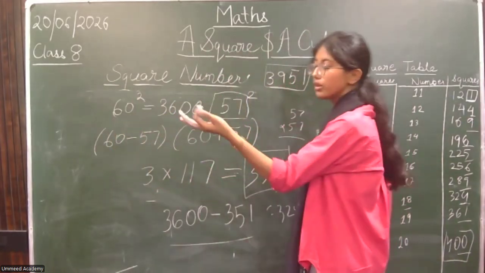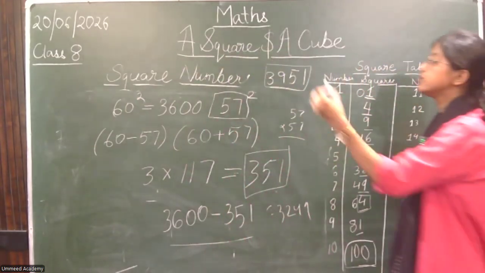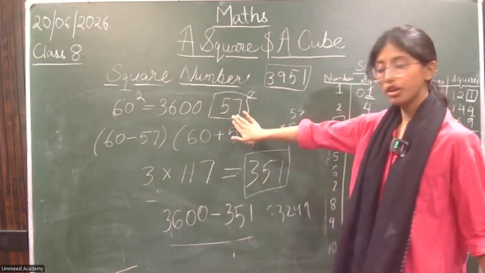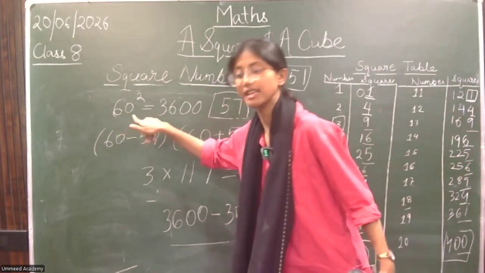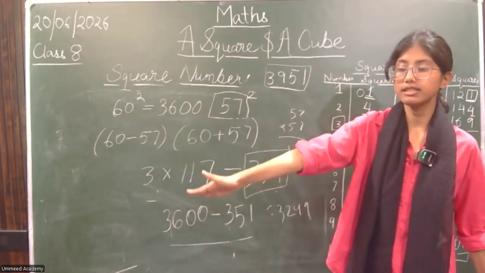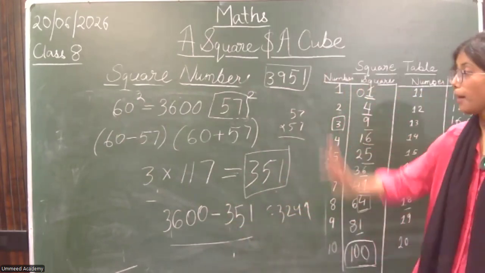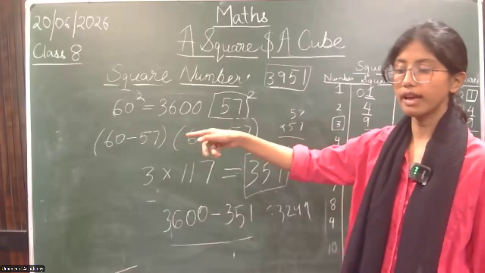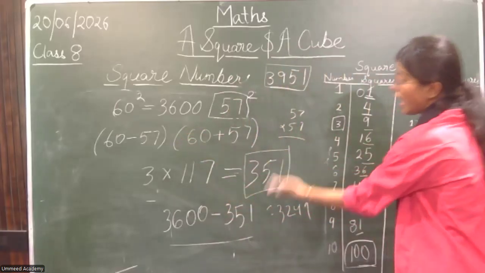If we had taken 62, we would have added to our answer, but we have 57, which is less than 60. When we are going backwards in number, we will subtract. We will not add. Up till now, when we did the one with 40 and then had to find the square of 44, we added the number.